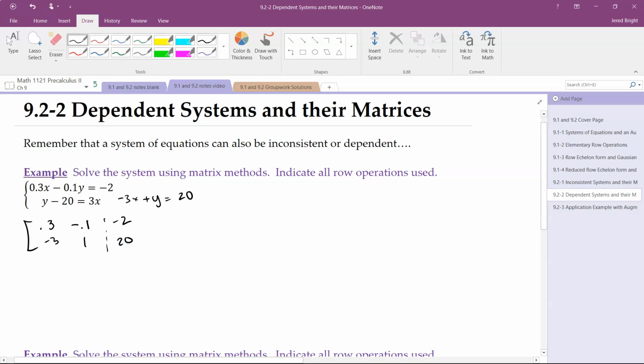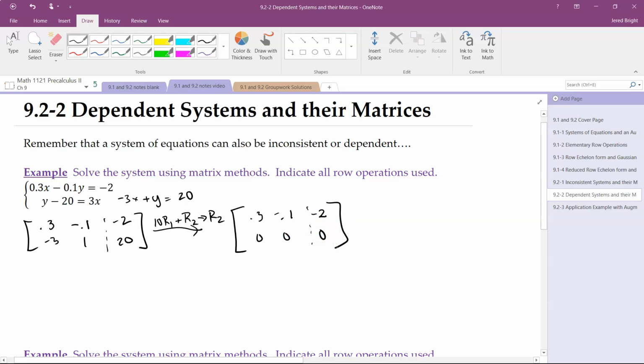Okay, so then we can maybe see what's going to happen already, but what we end up getting is if we take 10 of row 1 and add to it row 2, putting that into row 2, we're going to end up with 0.3, negative 0.1, and then negative 2 and zeros all in the second row.